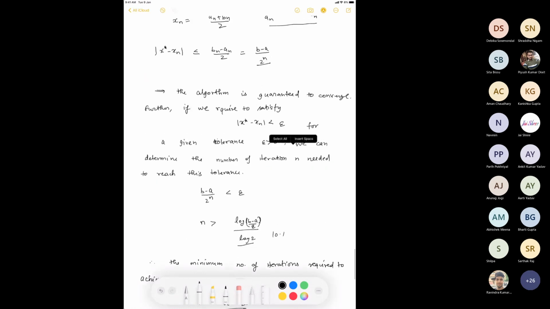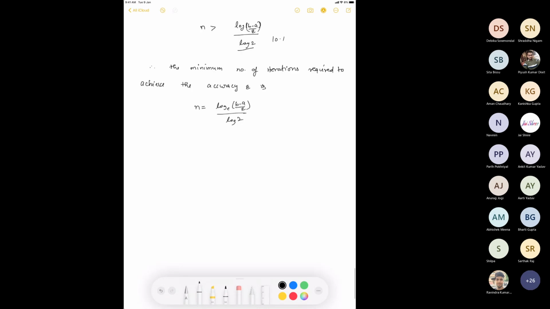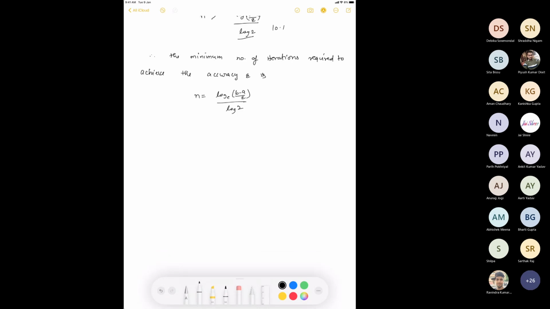Whatever tolerance you set, based on that you can determine how many iterations you will require to reach this tolerance. Okay, so let's understand it by taking some example.